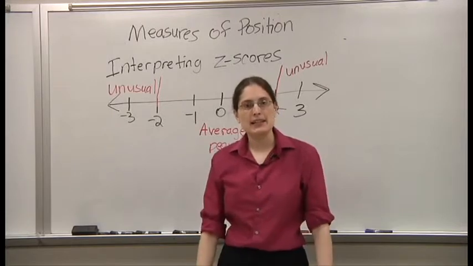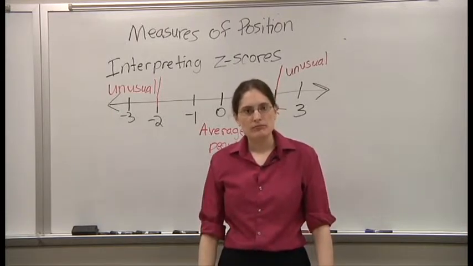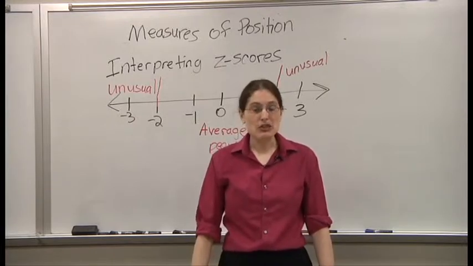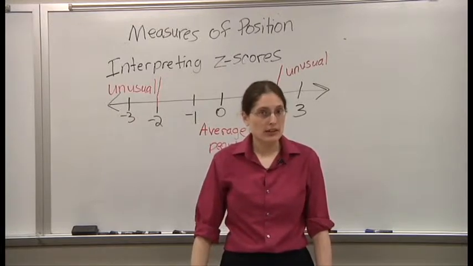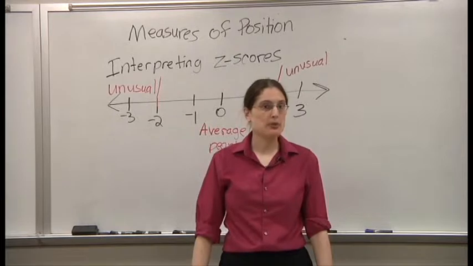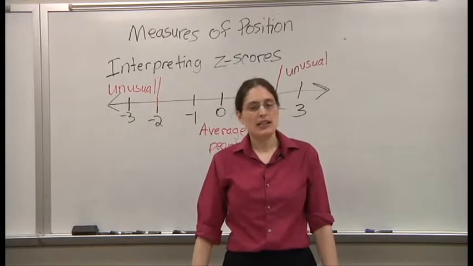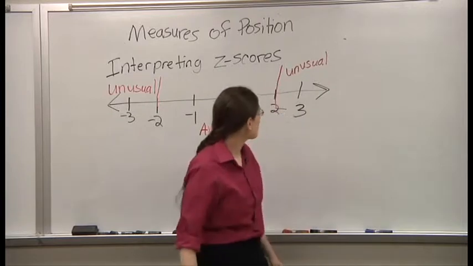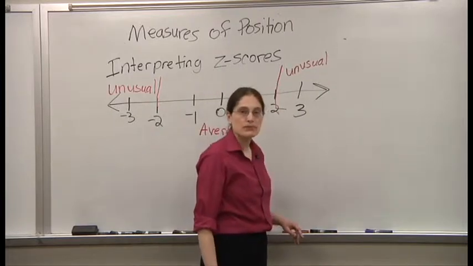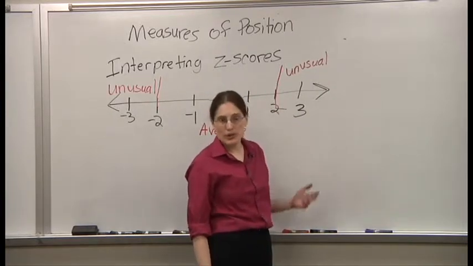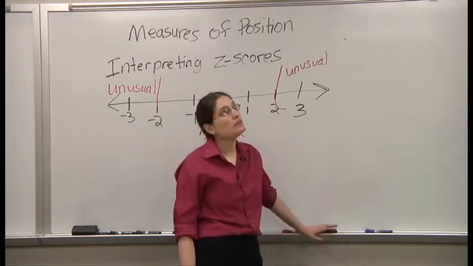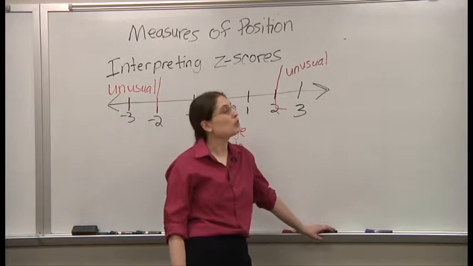If you had a z-score of +2 on a test, that would mean you did really well. You were one of the top students in the class. If your height had a z-score of 2, that might mean that you're more than 6 feet tall. For a guy, more than 6'1", I think.